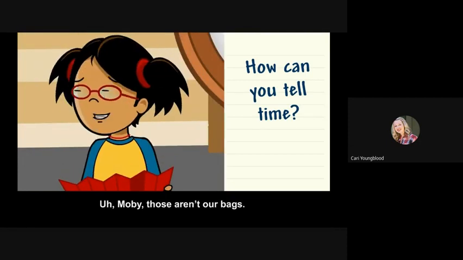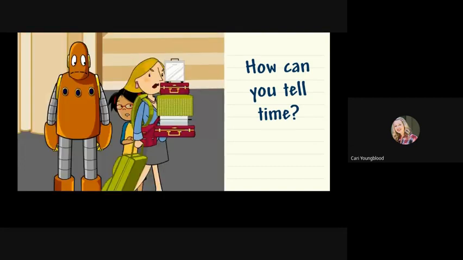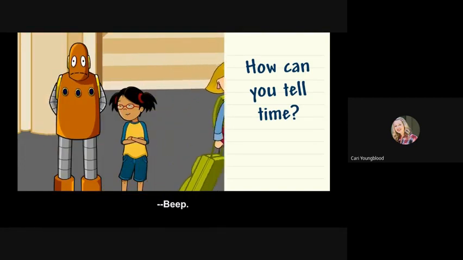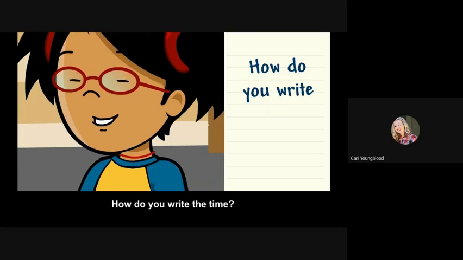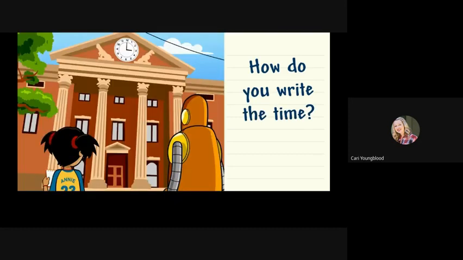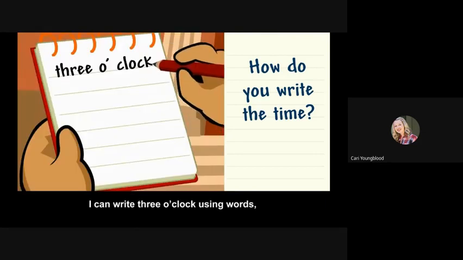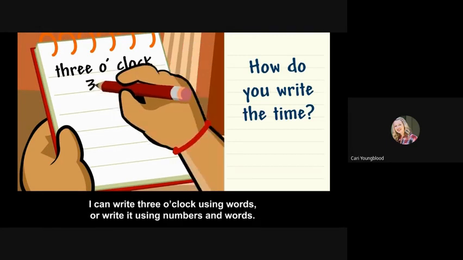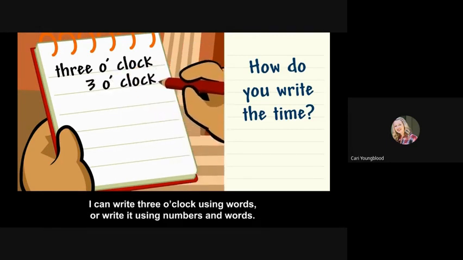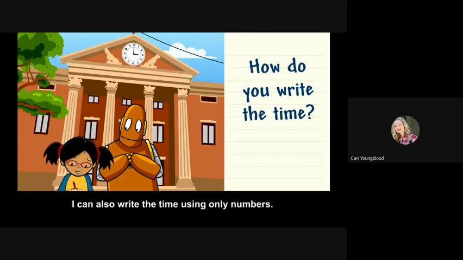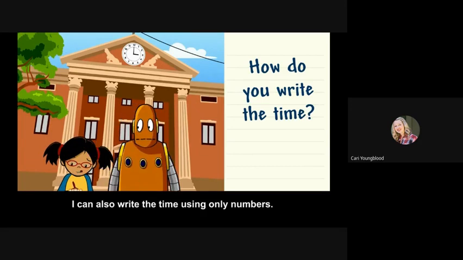Moby, those aren't our bags. How do you write the time? Now the time is 3 o'clock. I can write 3 o'clock using words or write it using numbers and words. I can also write the time using only numbers.